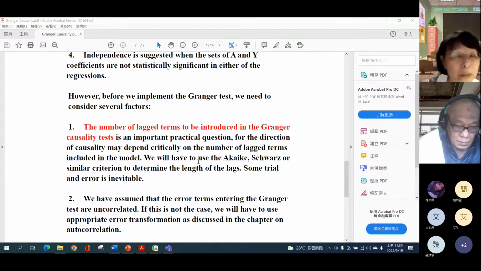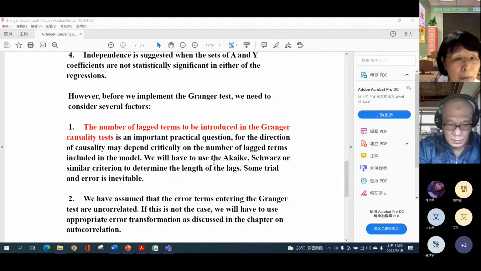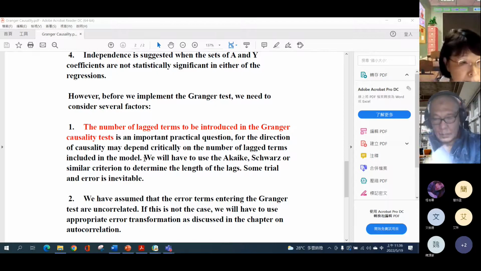And we will do these procedures when we do the real examples. Okay, I'll teach you how to look for this criterion in order to decide the lags of the terms.